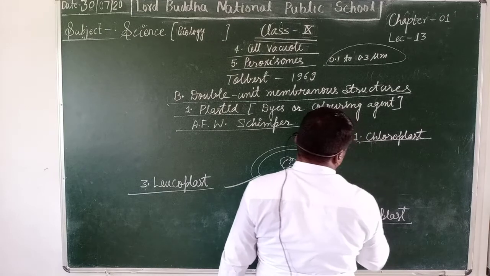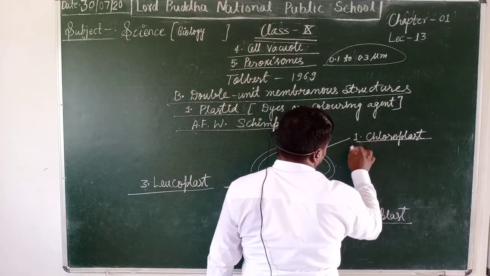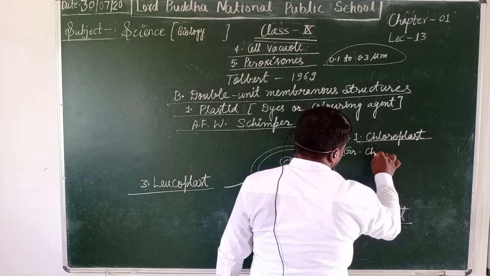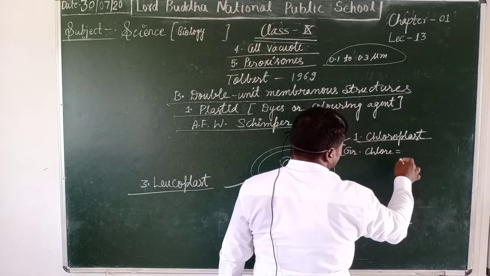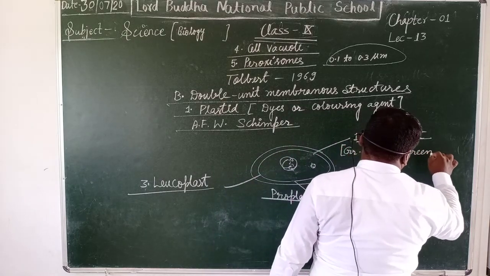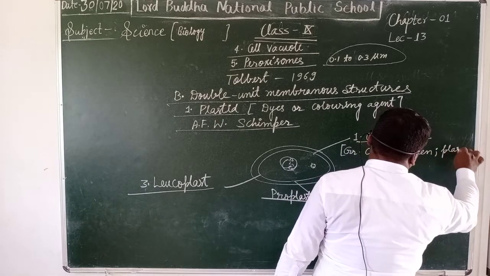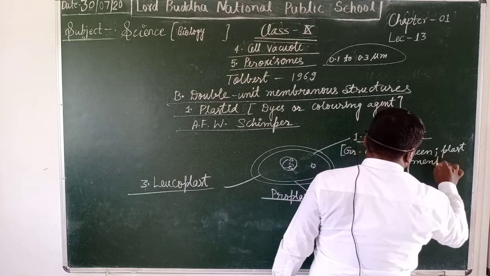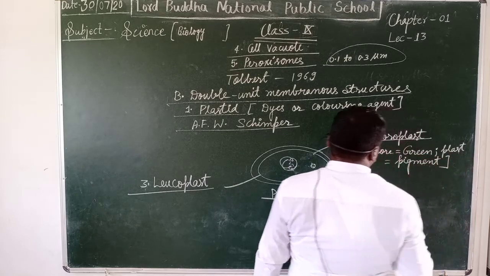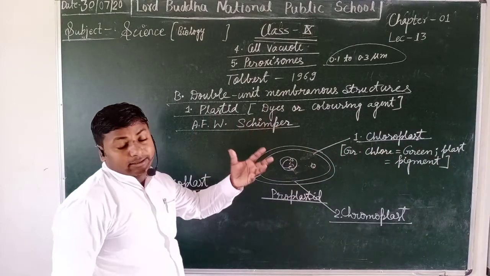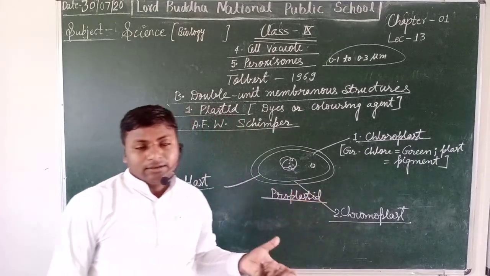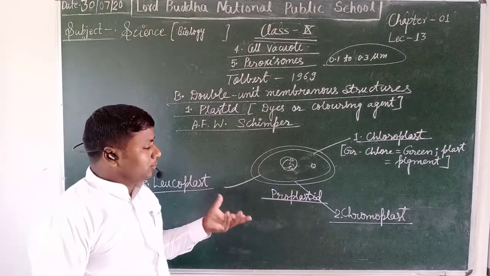Students, first I will explain why they are called chloroplast, chromoplast and leucoplast. These terms are taken from Greek words. Chloro means green, and plast means pigment. Thus, the chloroplasts are green colored plastids. They provide green color to the various parts of the plant body.